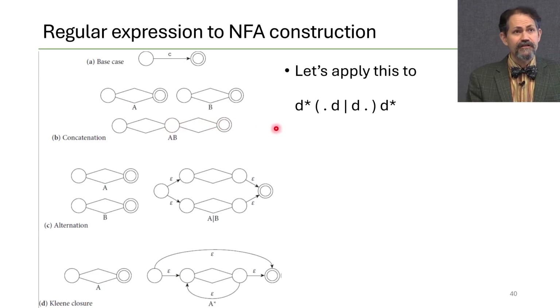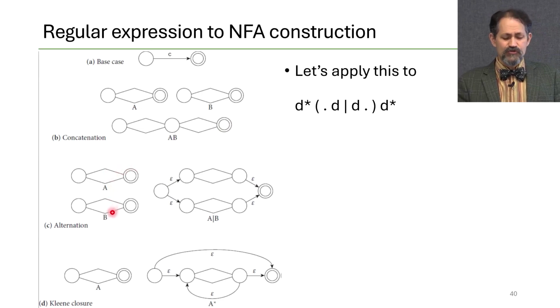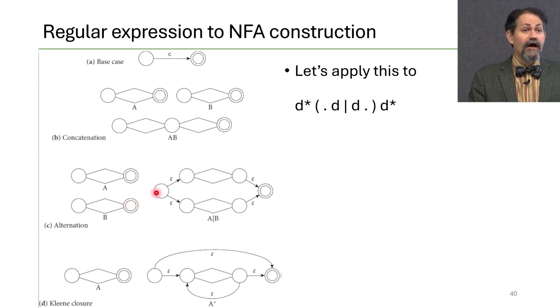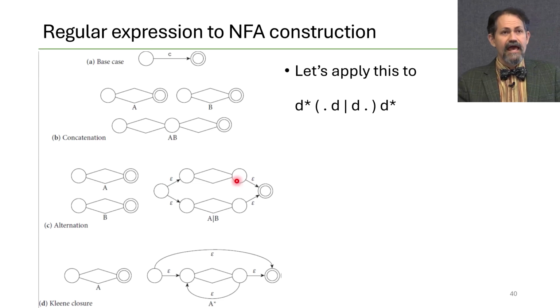If we want to do alternation, and again, we have two starting regular expression non-deterministic finite automata A and B, we can combine them by having a start state with an epsilon transition that can either go to A or B, and then at the end, the final states of A and B have an epsilon transition going to a new final state for the composed non-deterministic finite automaton.